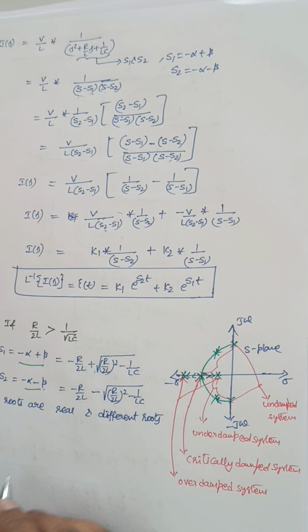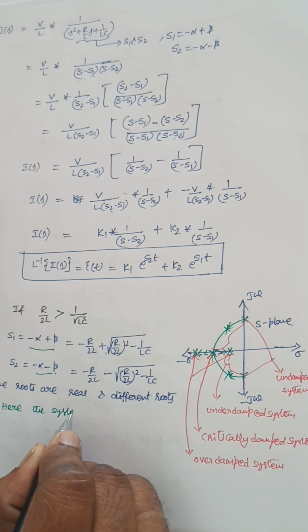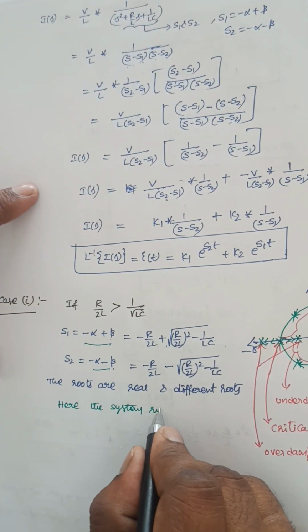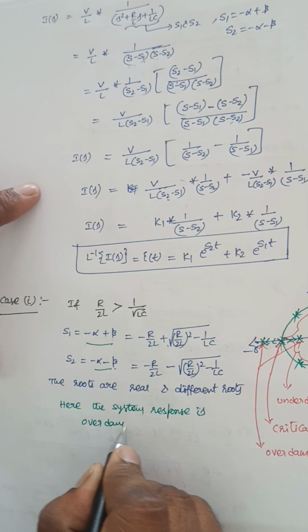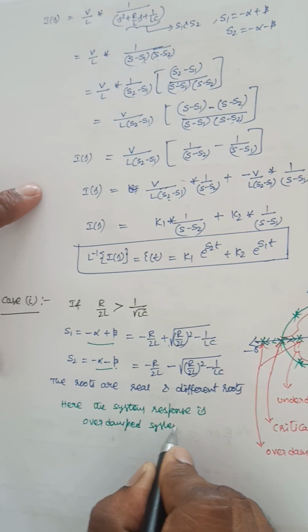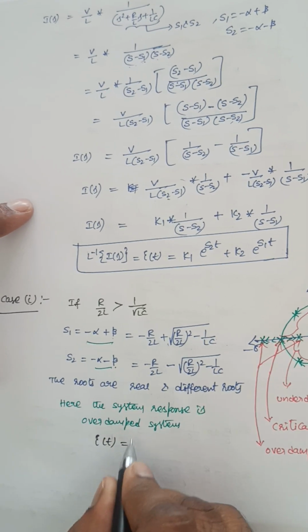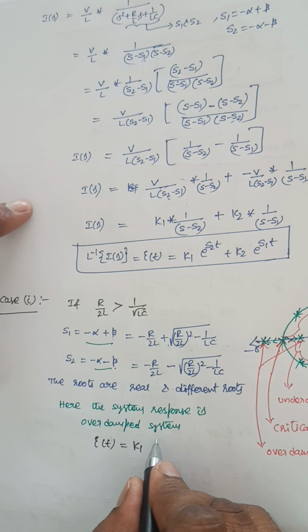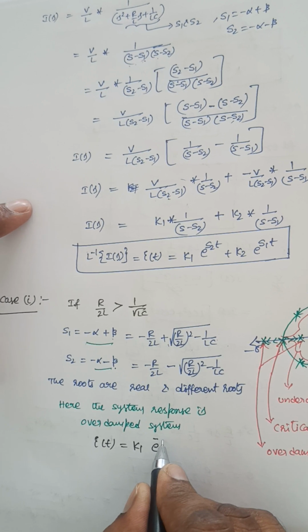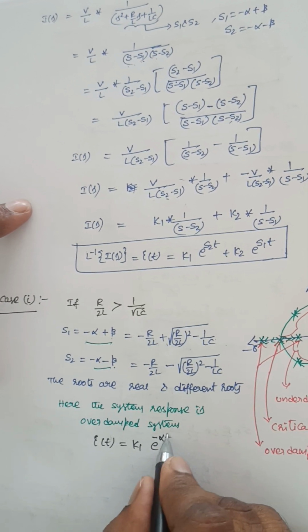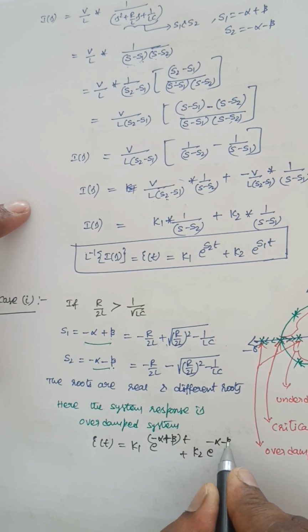So the system response here is an overdamped system, and that response is I of t equal to k1 into e power (minus alpha plus beta) into t plus k2 into e power (minus alpha minus beta) into t.